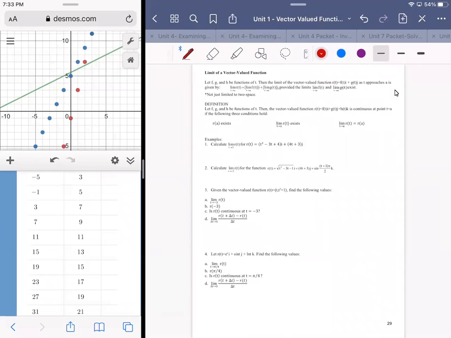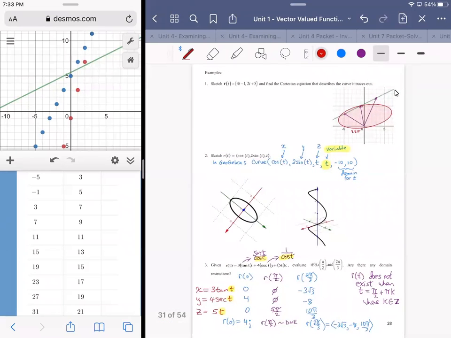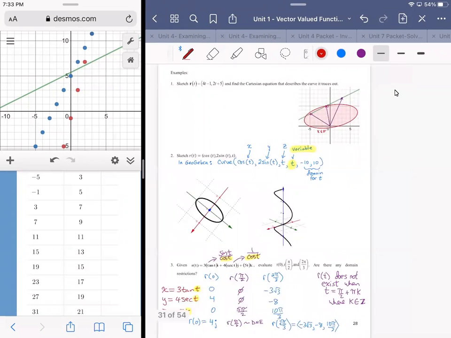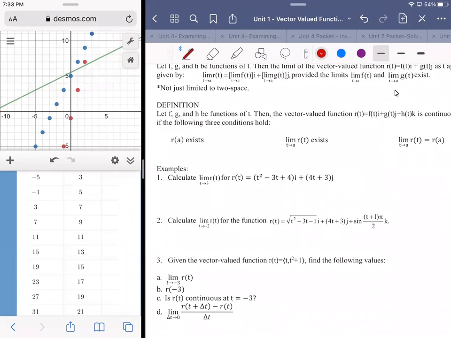But when you're finding the limit, you're doing exactly what we did on the previous page at the bottom for each case. If I say that I want the limit as t approaches, for example, 3, all I'm doing is replacing all the t's within my vector valued function with whatever the limiting constant is.